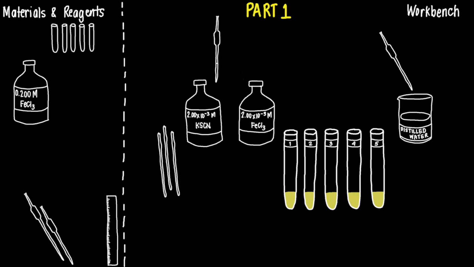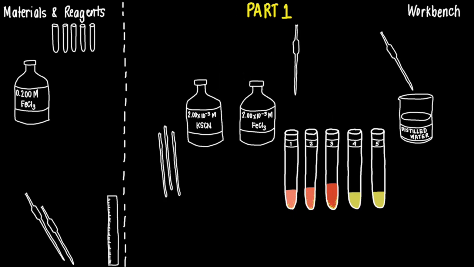Afterwards, pipette 1, 2, 3, 4, and 5 ml of 2.00 times 10 to the negative 3 molar potassium thiocyanate into test tubes 1, 2, 3, 4, and 5 respectively.